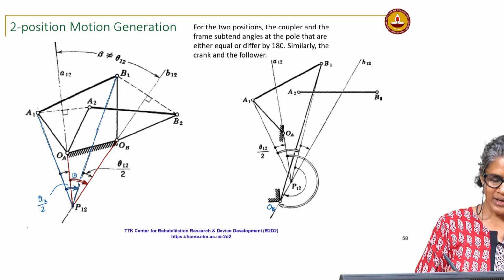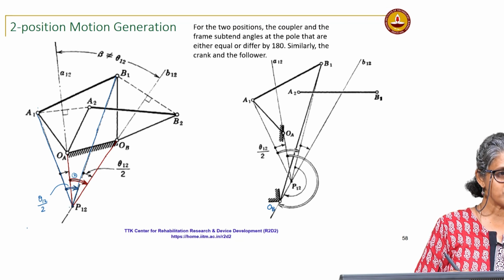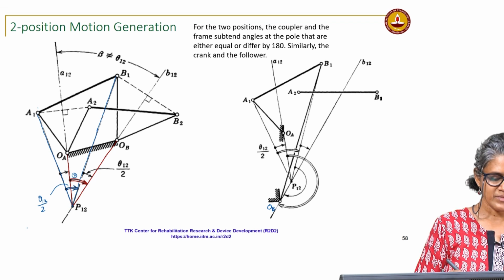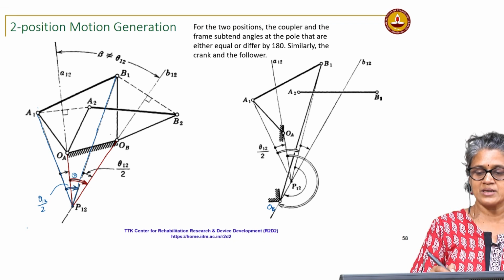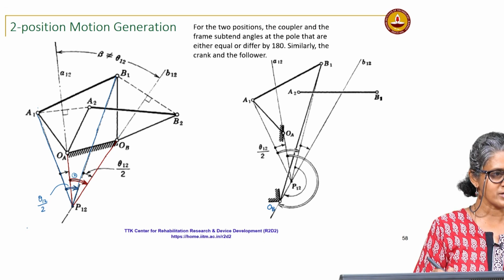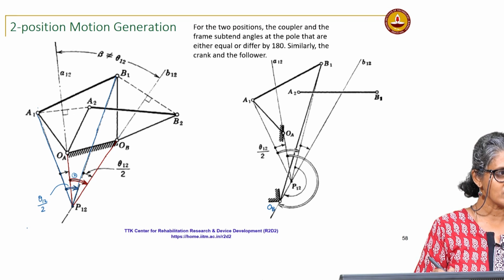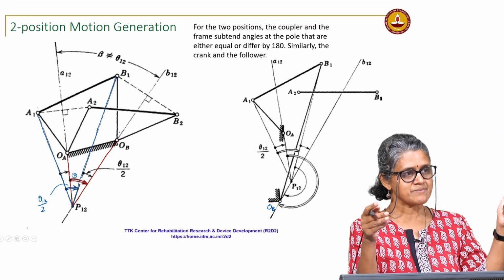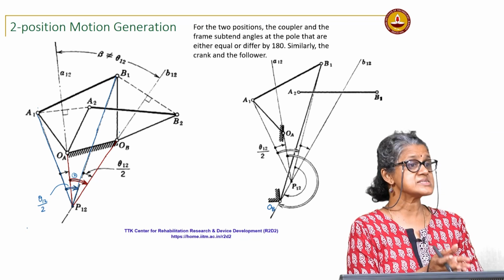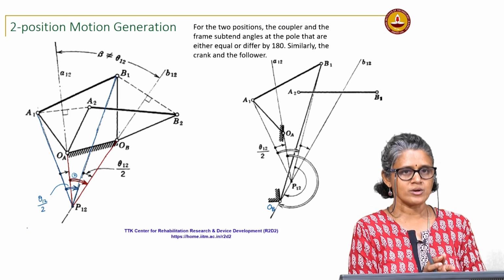Okay. OA P12 A1 P12, that angle is theta 12 by 2, which is equal to the angle subtended by the follower, the rocker. Okay. So, the opposite links subtend the same angle at the pole.